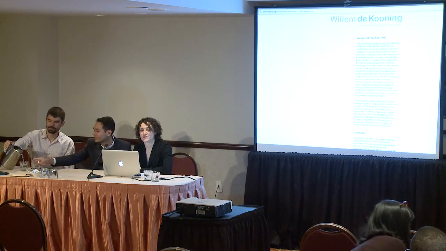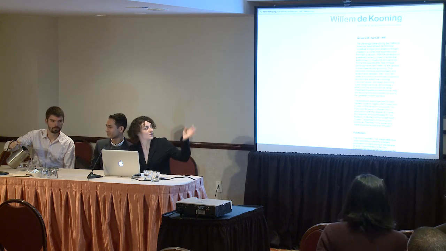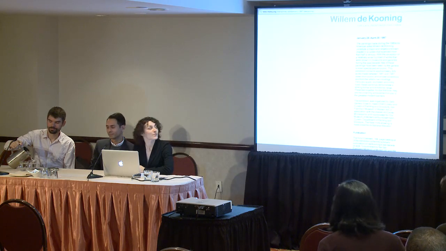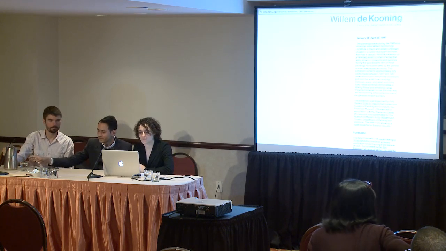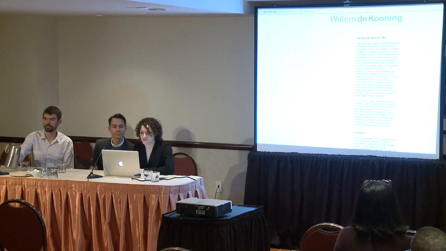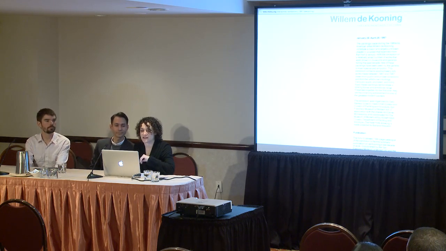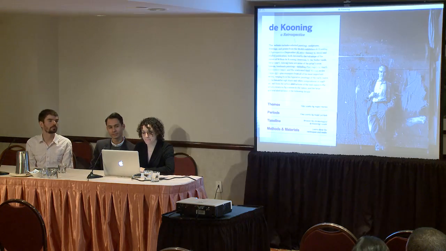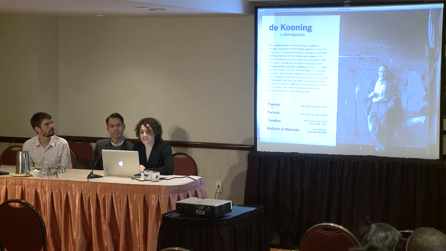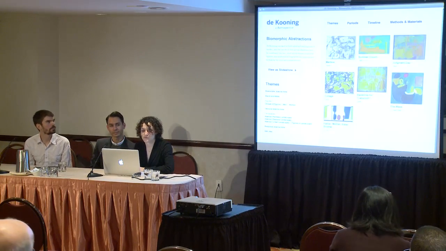So in the beginning, exhibition sites were a series of static pages with introductory text. Looked a little bit boring, a selection of images, you don't see that, but very little interpretive text in general. And this is in 1997, the site that focused on a particular body of work by de Kooning. And this is how it looked 13 years later, as technology changed; this was built in WordPress.